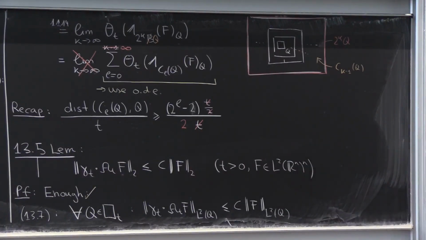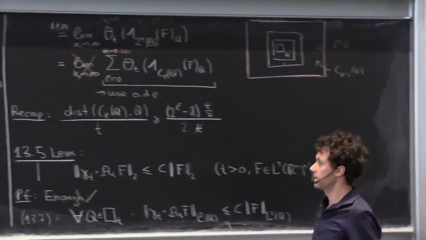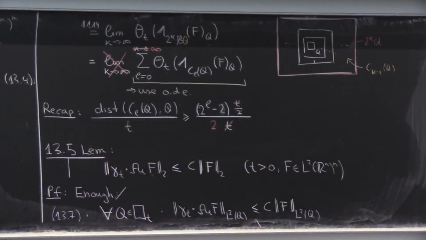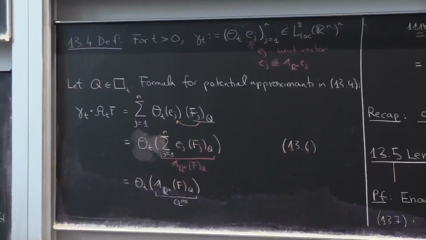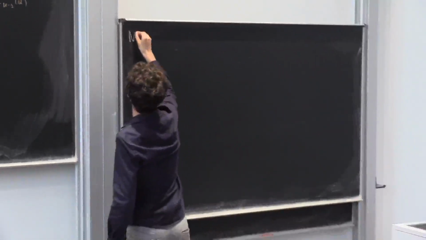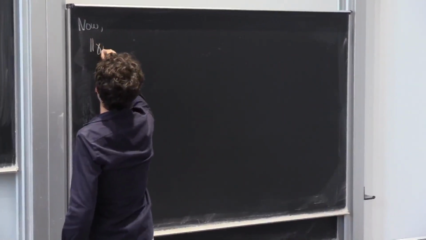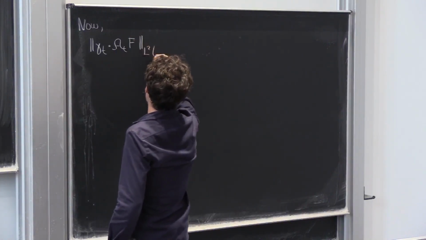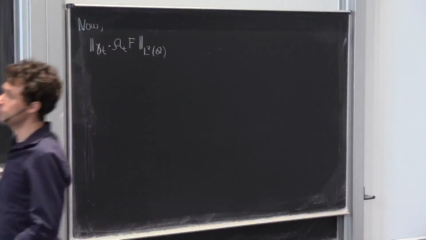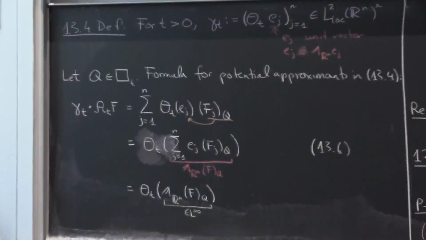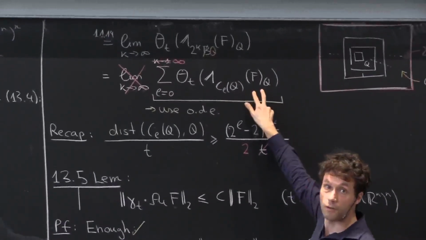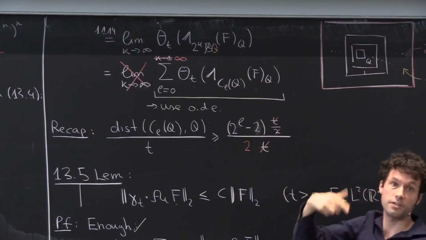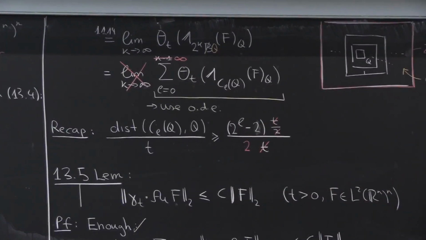Alright, so now I have to estimate gamma t a t times f on a cube, and so I can use this formula. Now gamma t times a t f in L2 norm on Q is the L2 norm on Q of this expression, which is the same thing as the L2 norm on Q of this infinite series, and I'm just using the triangle inequality to put the L2 norm inside.